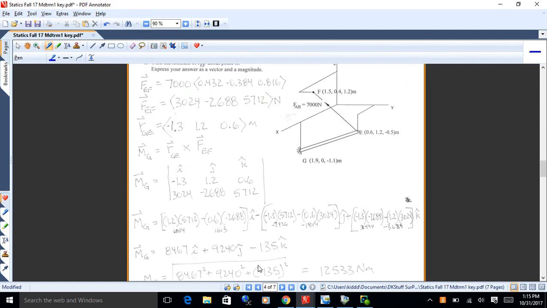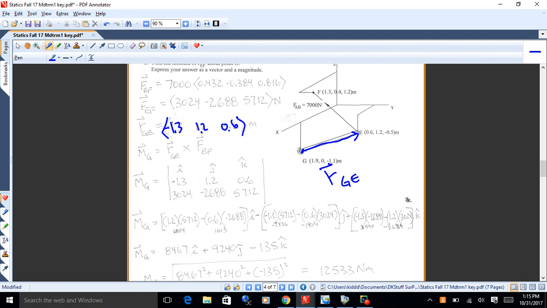Now we're using the same setup here to find the moment about G. The important thing here is you are going from G to E. So what you want to do is take RGE, and that's minus 1.3, 1.2, and 0.6.